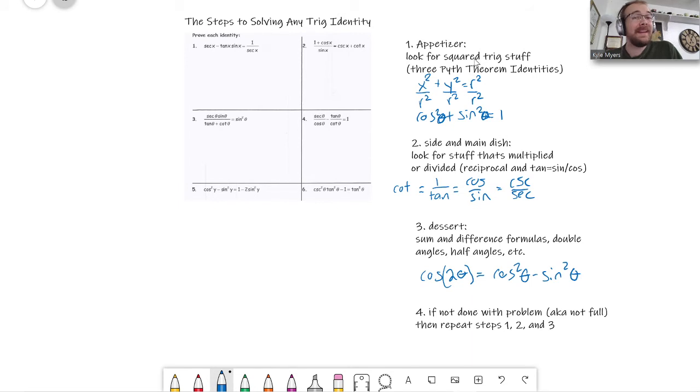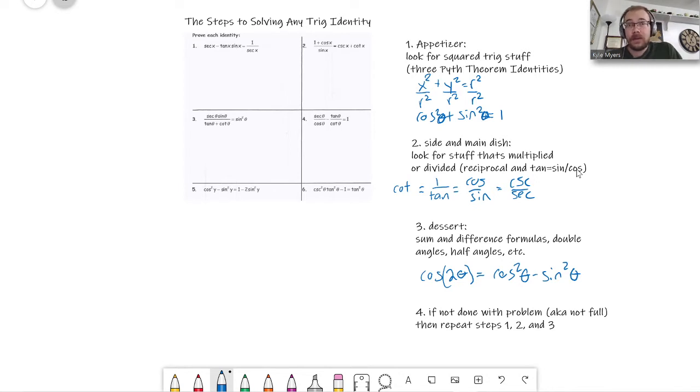All right, so the main things you're going to want to look for are squared stuff, aka the Pythagorean Theorem identities. Then you look for side and main dish stuff, because most of the work that you do for a lot of these problems is going to deal with using reciprocal functions tied into tangent equals sine over cosine. Basically tan equals sine over cosine, and then you can use reciprocal functions to make like 12 different equations.